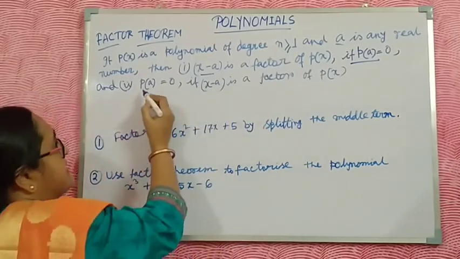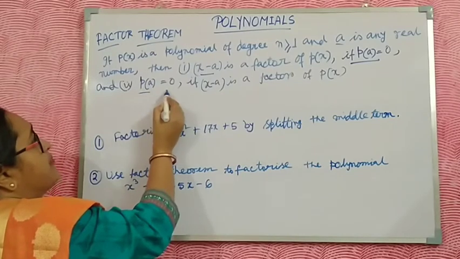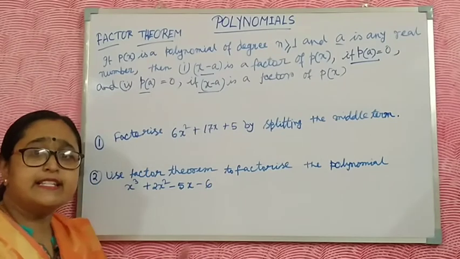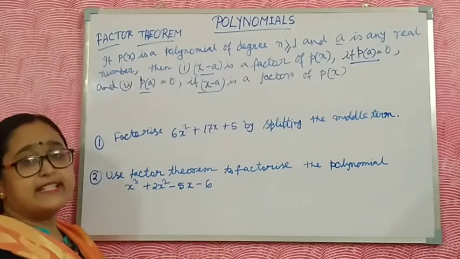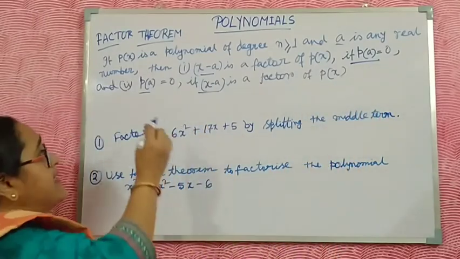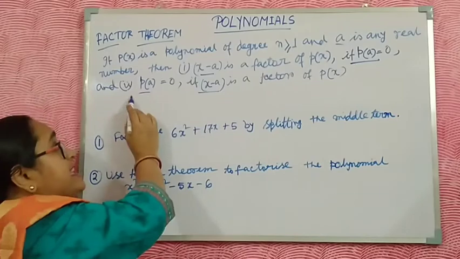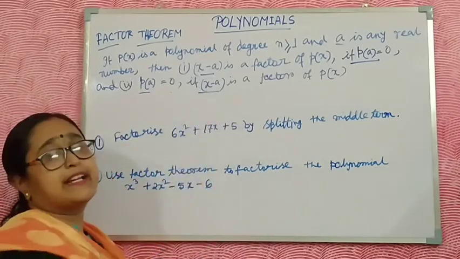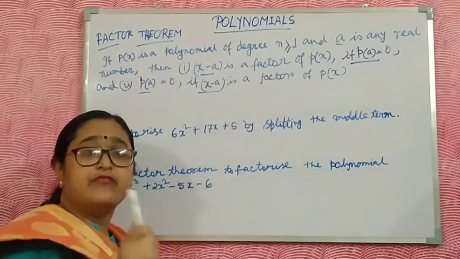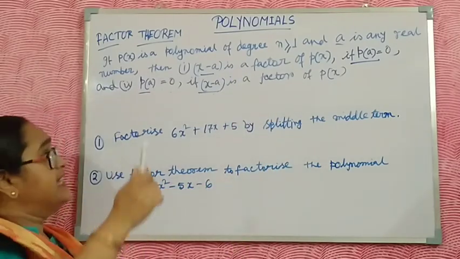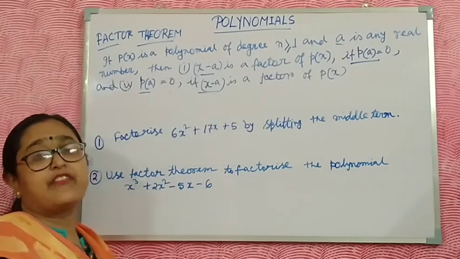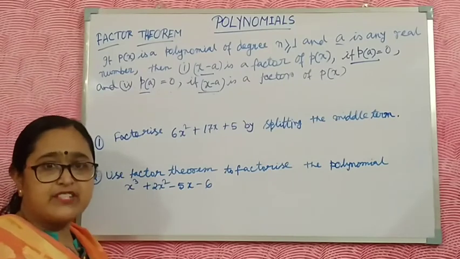The second criterion is: pa is 0 if x minus a is a factor of px. This is the vice versa theorem. So x minus a is a factor when the remainder is 0, and the remainder is 0 if x minus a is a factor. This is the factor theorem.